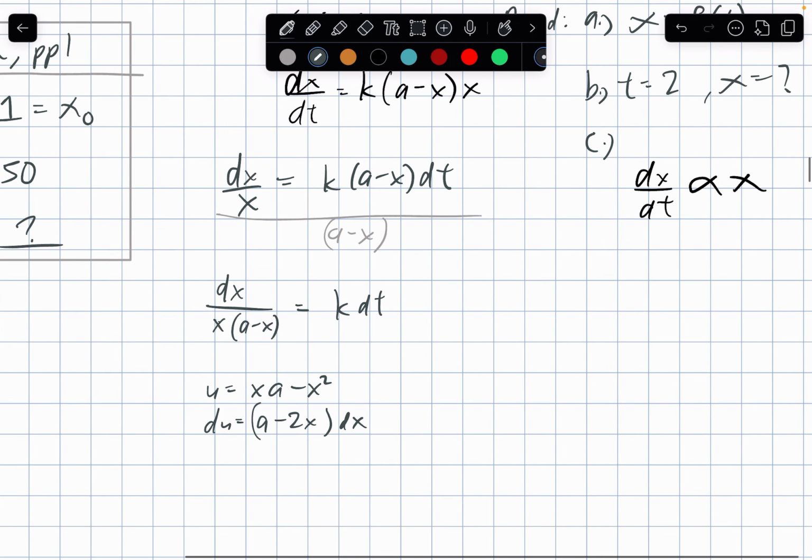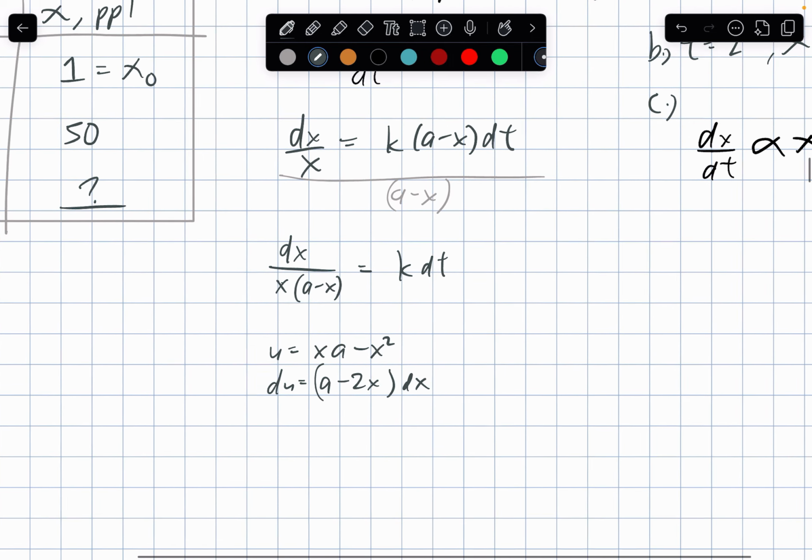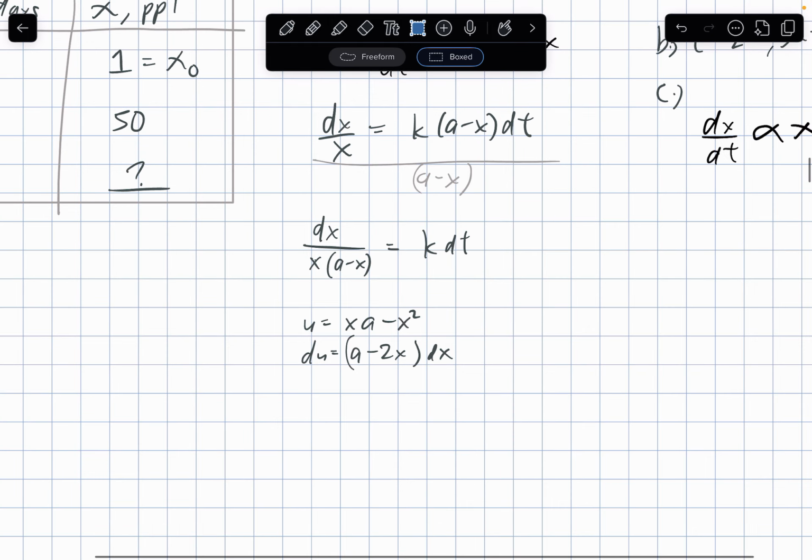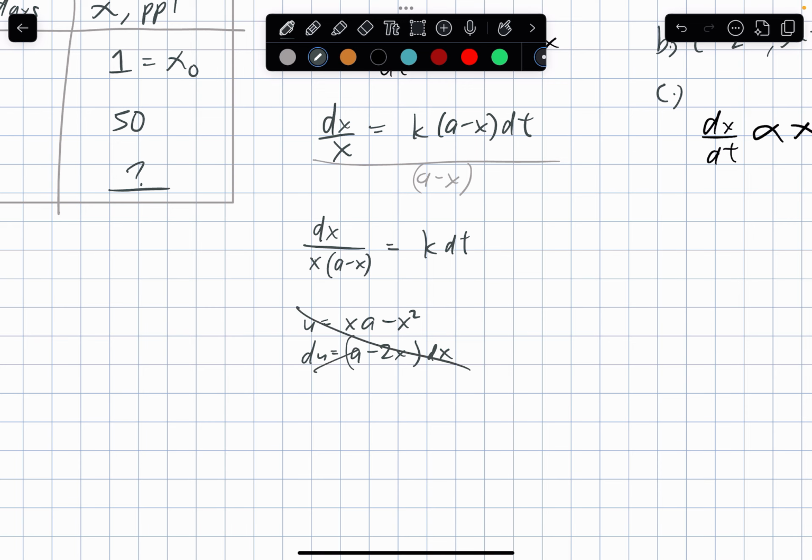Yeah, we cannot. How do we solve this then? If u substitution cannot work, we are going to solve this using partial fraction decomposition, or PFD.